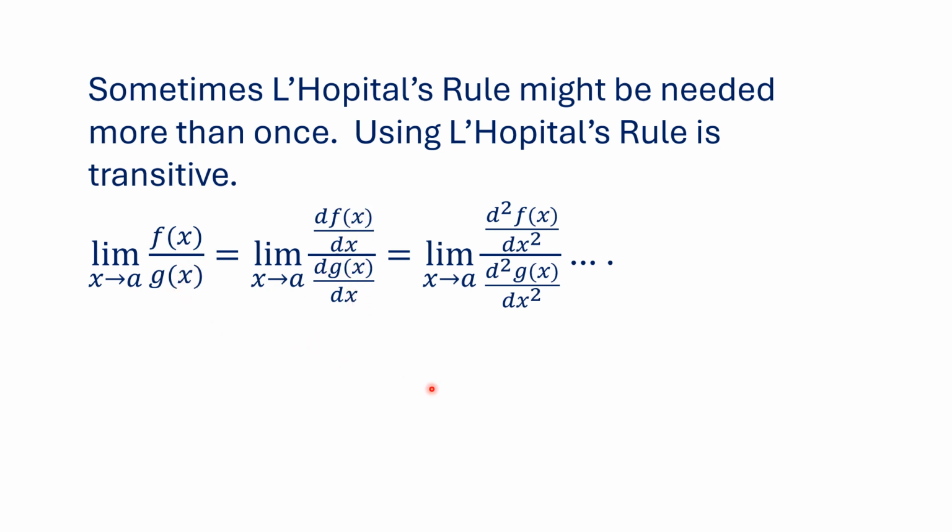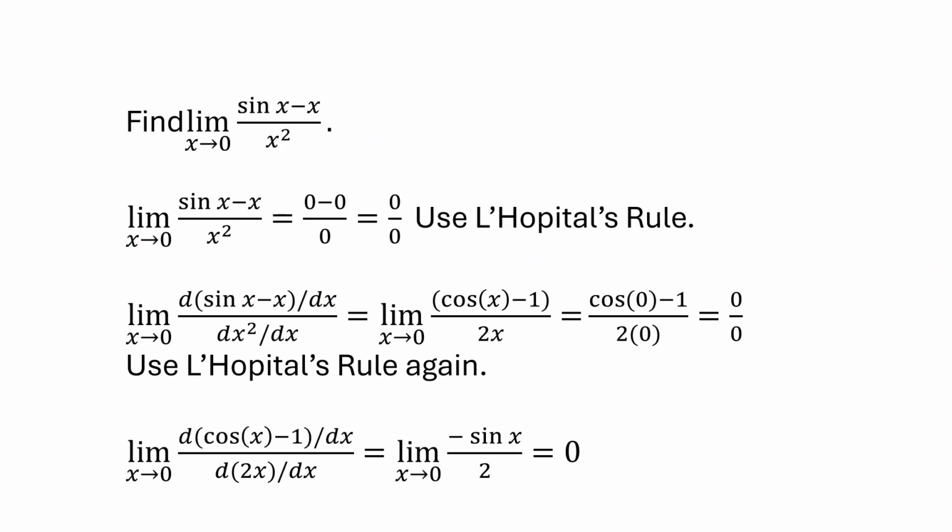And when we take the limit of the ratio of the second derivatives, we still have a valid application of L'Hopital's rule. So if I can find the limit of the ratio of the second derivatives, I know the limit of the ratio of the first derivatives, which means I know the limit of the ratio of the functions, and so on. I can go out as many times as I have to.